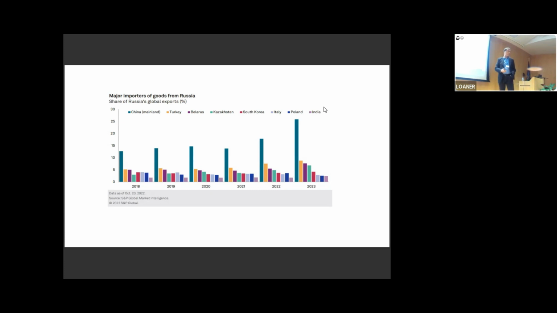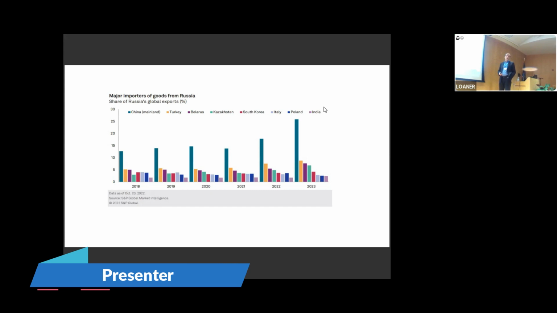It's banned and they cannot. And also India, with a small increase. Russia will try to find other markets in the Far East and Southeast Asia, because Europe, the United States, and Japan don't pick up any more goods from Russia.